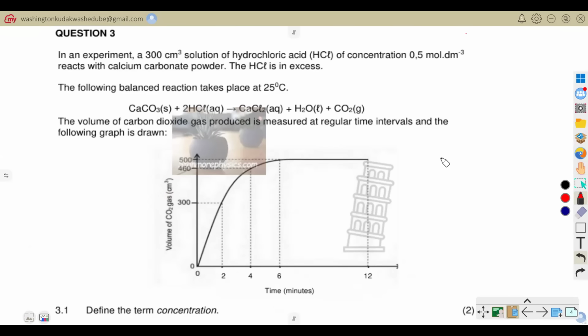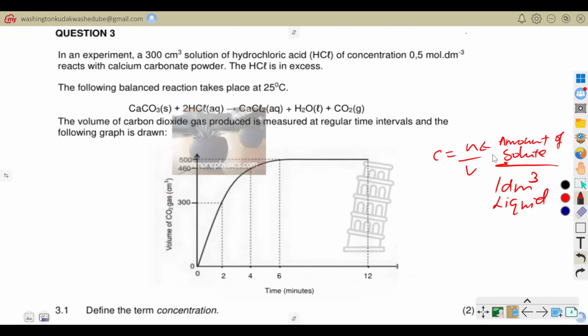So the simplest notation of concentration is given by concentration as the number of moles per unit volume. So what does this mean? This is the amount of solute which is dissolved in 1 decimeter cubed of what? Of liquid or else of solution.